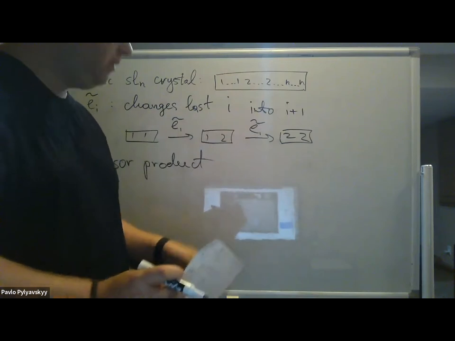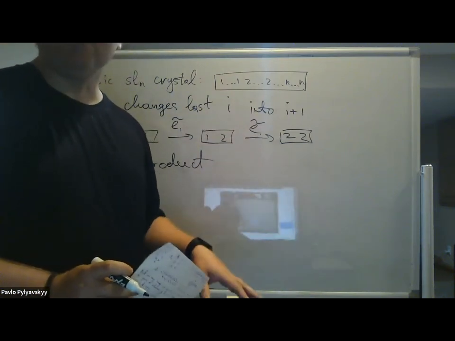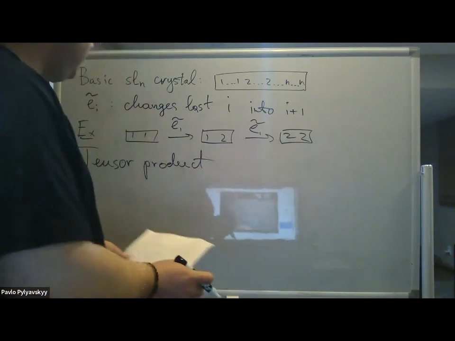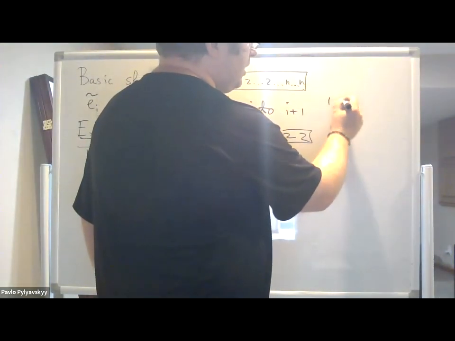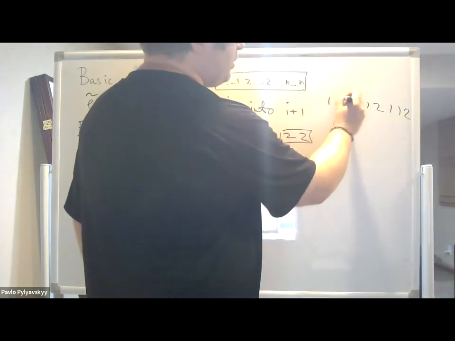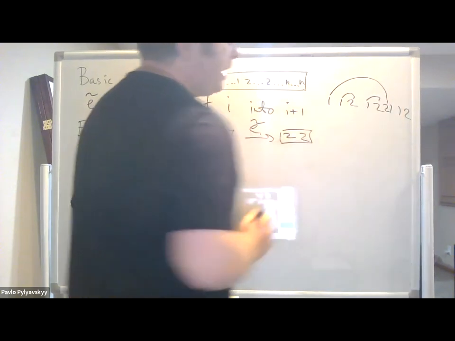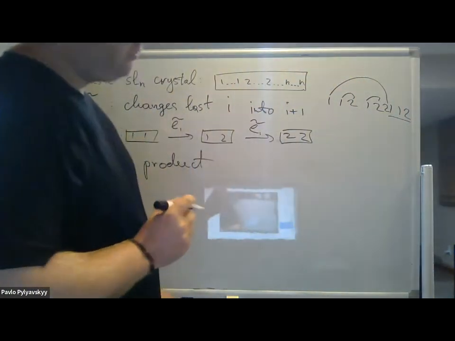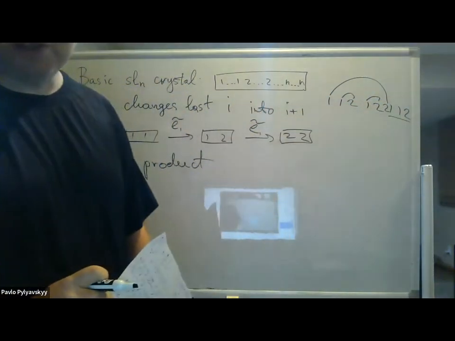But this would involve me explaining what the epsilon function and phi function of a crystal are, which I might do at the end, but not now. The easiest thing is to remember the rule that many of you have seen: if you have a bunch of 1s and a bunch of 2s, you can start matching the adjacent 1s and 2s, and then you'll be left with just a bunch of 1s and a bunch of 2s. Then you apply the same rule, changing the last i into i plus 1, or the last 1 into a 2.